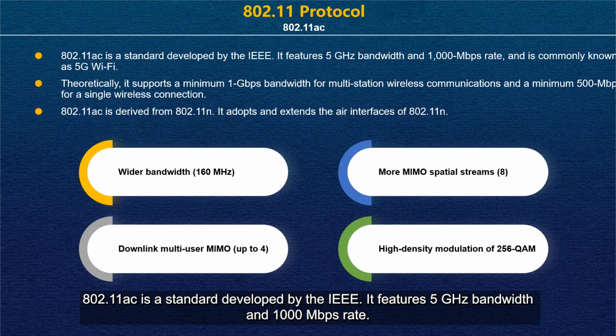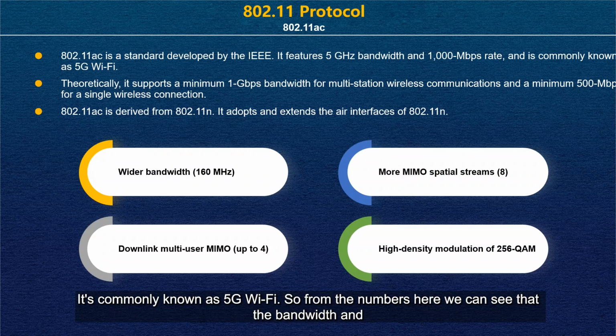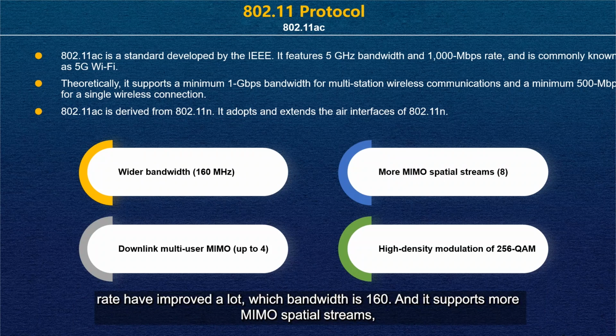802.11ac is a standard developed by the IEEE. It features 5 GHz bandwidth and 1000 Mbps rate. It's commonly known as 5G Wi-Fi. So from the numbers here, we can see that the bandwidth and the rate have improved a lot.